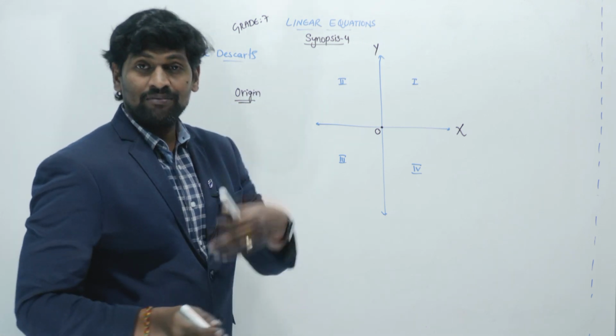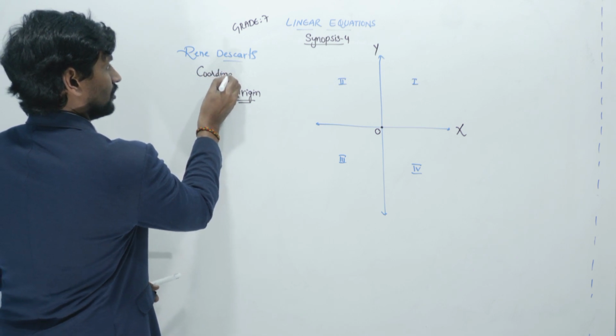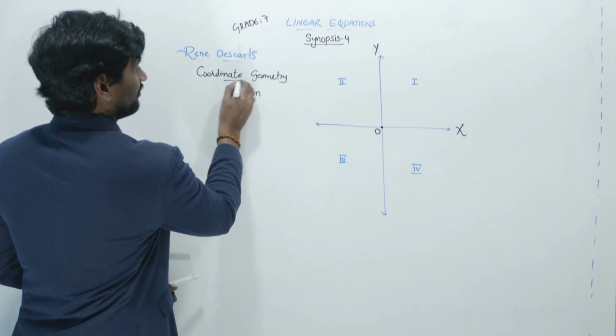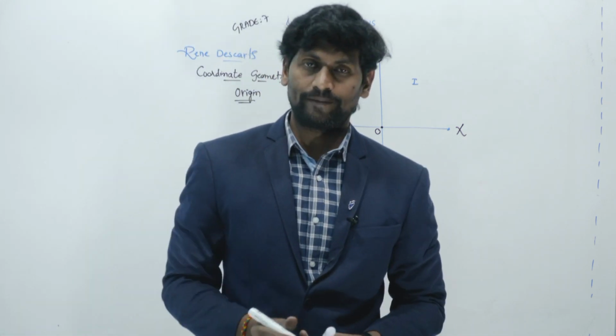This topic is called coordinate geometry; we can also call it Cartesian geometry or analytical geometry.